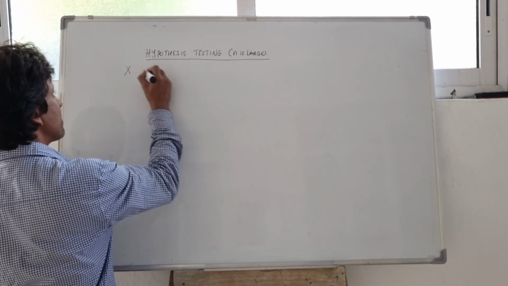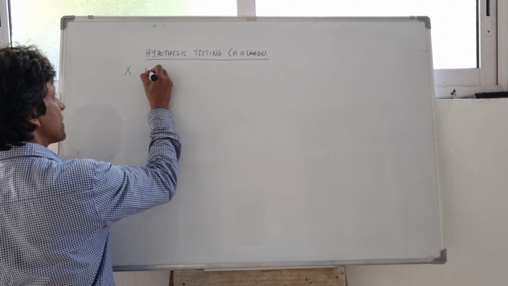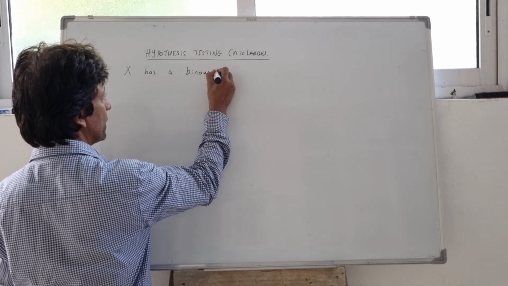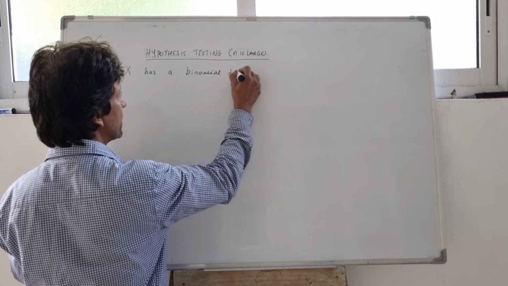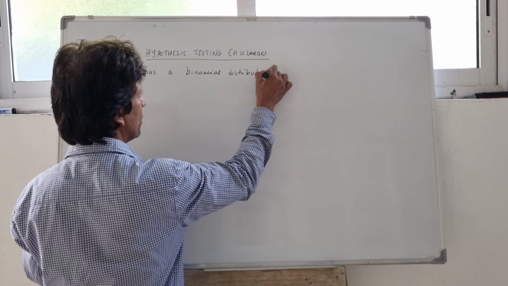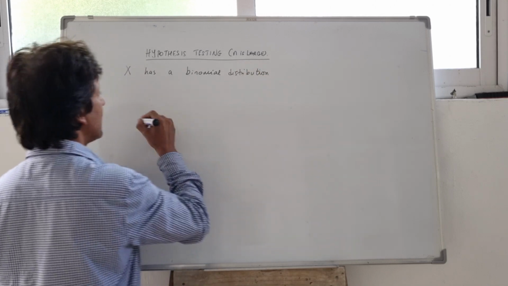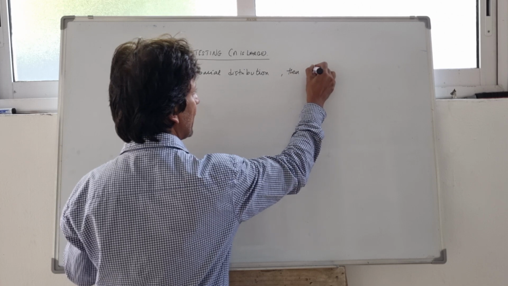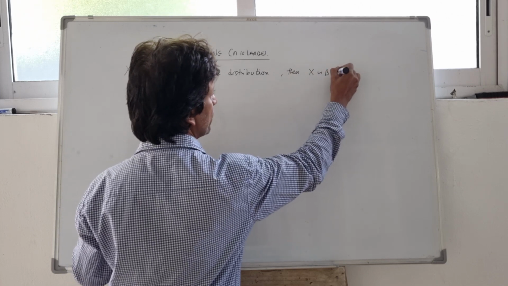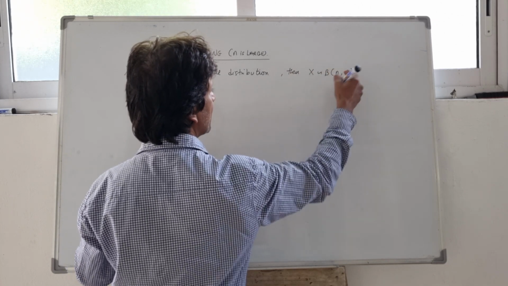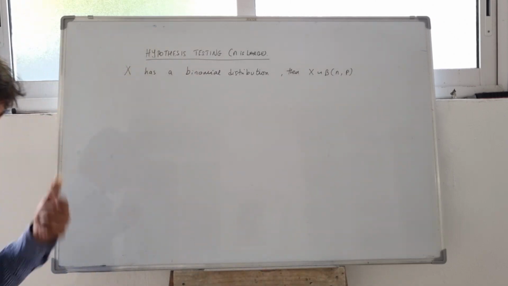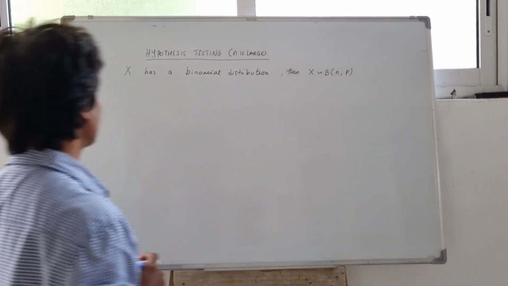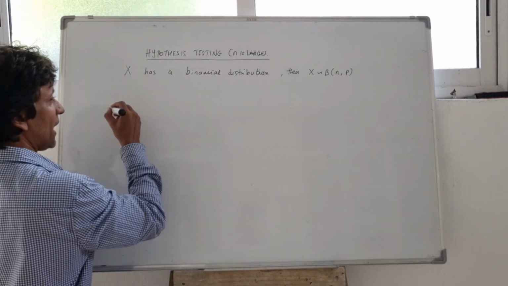So x has, let's say, a binomial distribution. Now, if x has a binomial distribution, what we are saying is that x is binomially distributed with n trials and the proportion is p. If we were to move away from this to a normal distribution, this is what's going to happen.